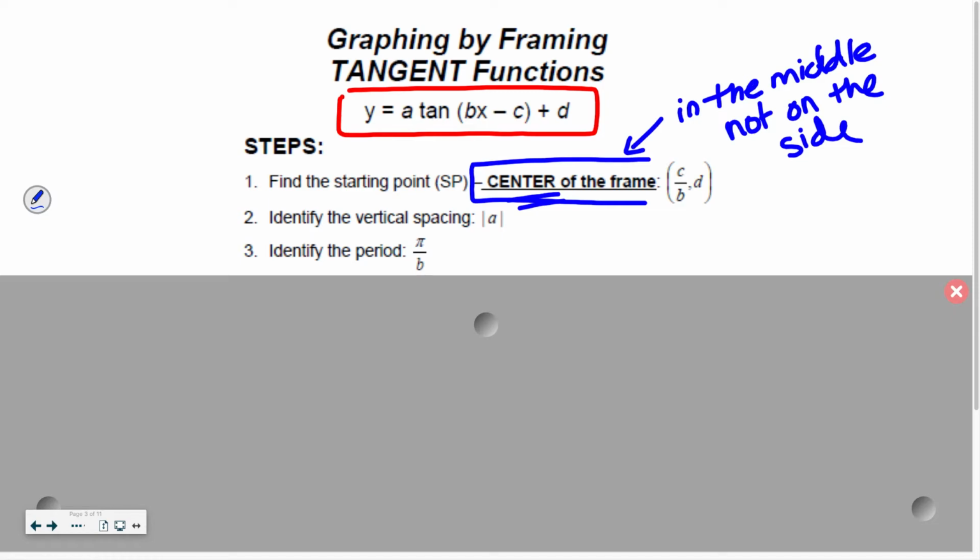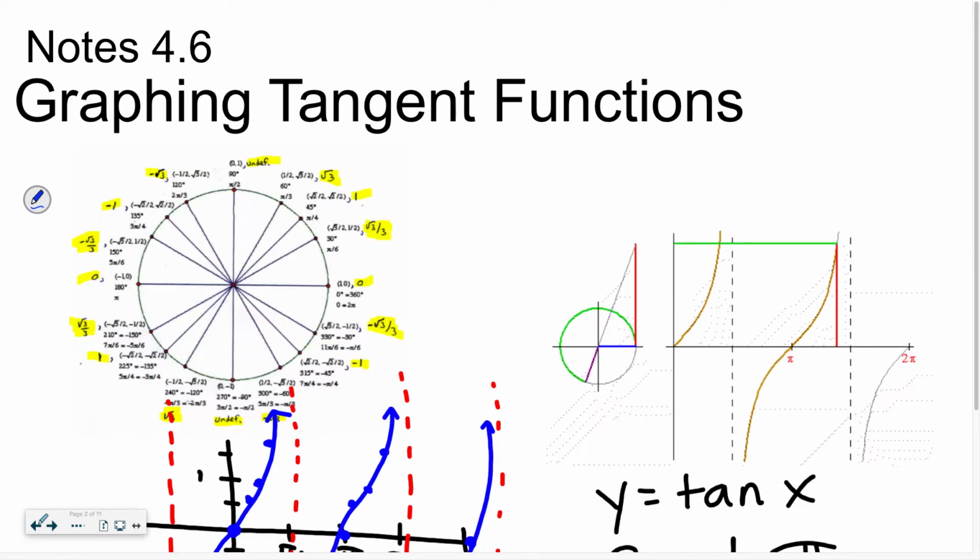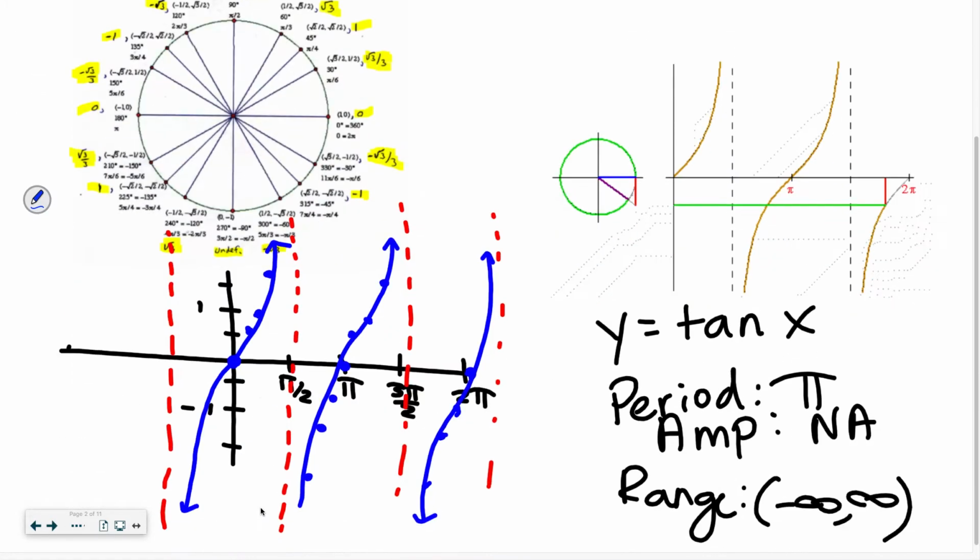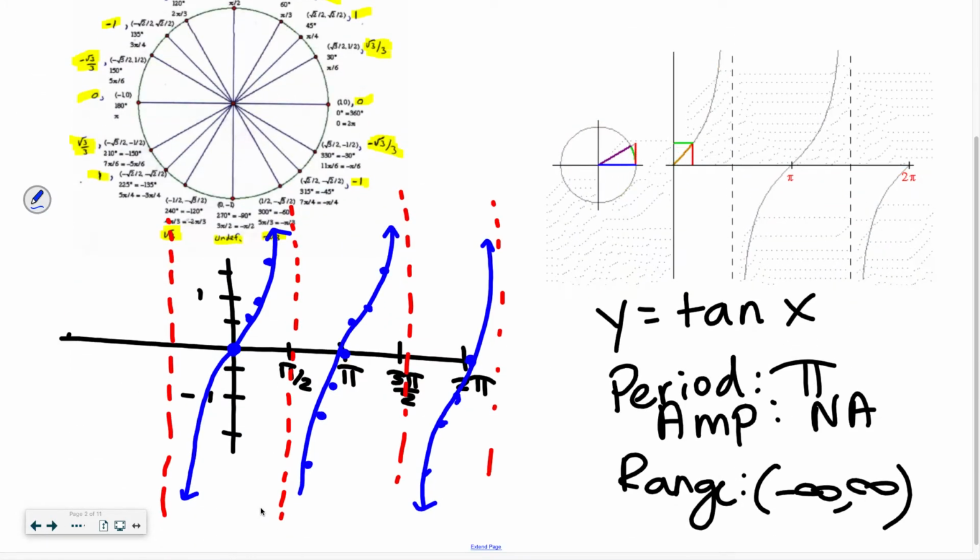So you can see that down below, I've marked the starting point. Instead of being over on the side of the frame, it's right in the middle. The reason for that is if I don't shift the viewpoint of the frame, then we would always be graphing with an asymptote in the middle.